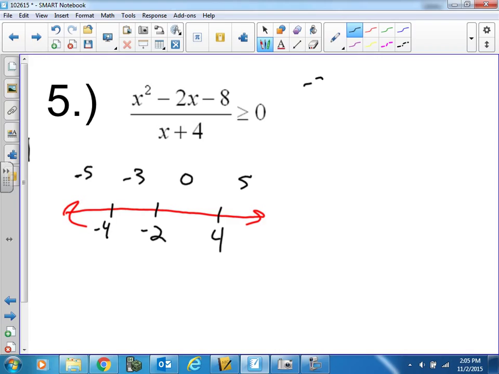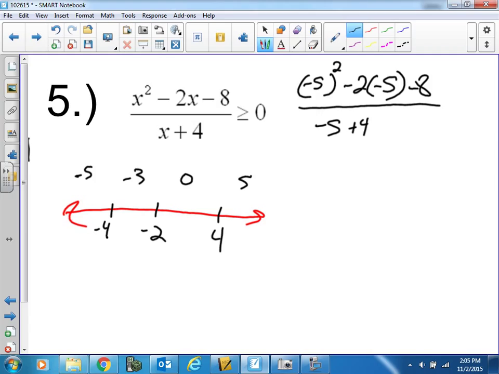So negative 5 squared minus 2 times negative 5. I'm going to show you a quick way to do this if you have access to a graphing calculator. Tomorrow in class, we will go over a very quick way to do this. But it is necessary that you are able to do this if you are asked to. So it's going to be 25. Negative 2 times negative 5 makes it plus 10 minus 8 all over negative 1.